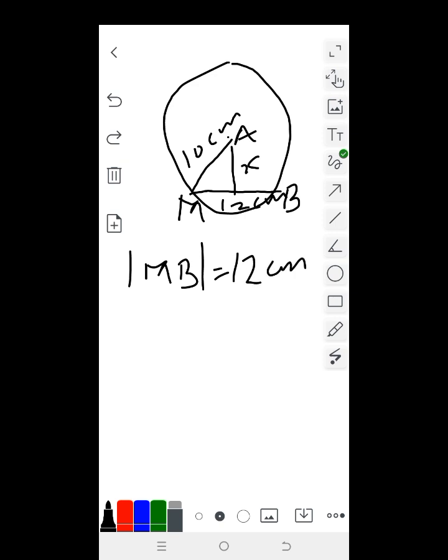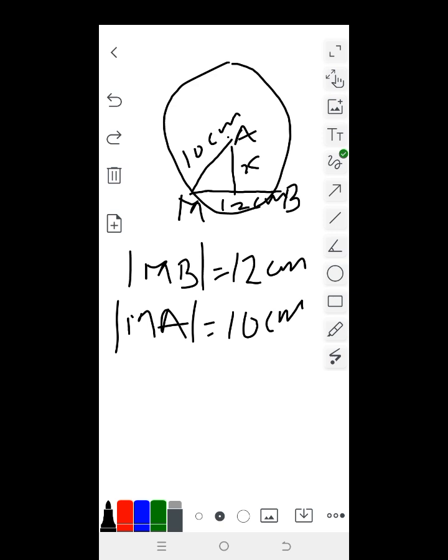This is given from the question. I also have my line MA to be 10 centimeters. This is also given from the question. These are parameters that were supplied to us from the question.